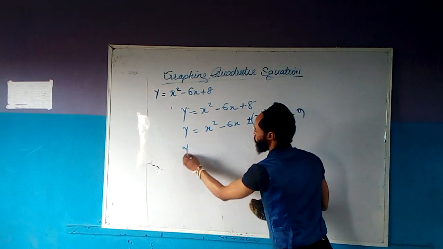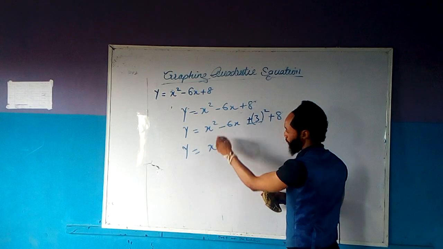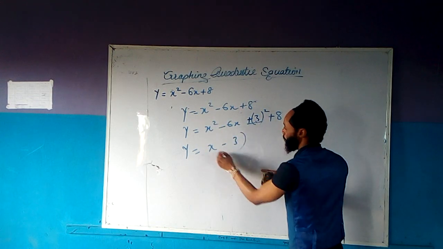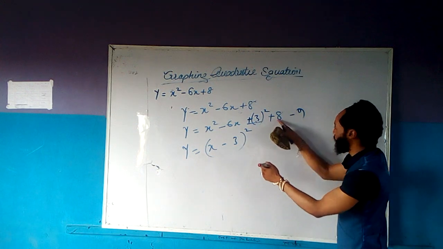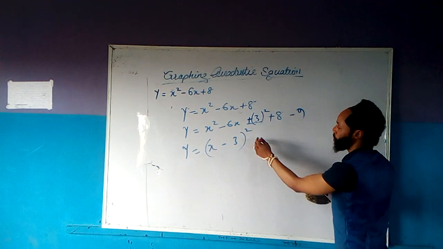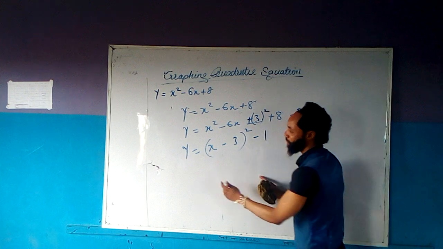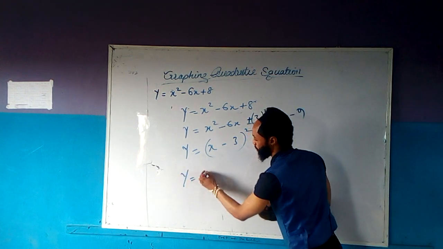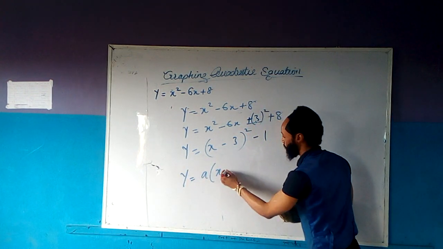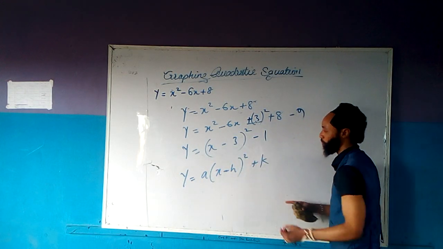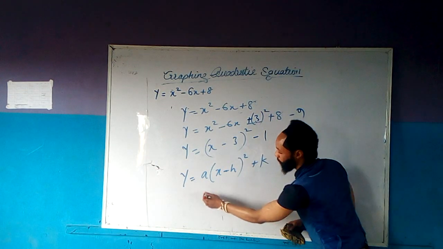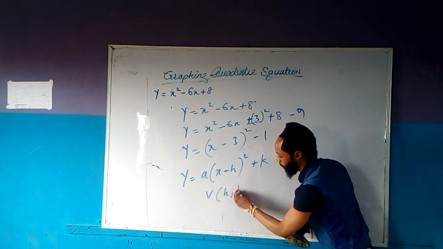So what we have now is x minus 3, all squared, then 8 minus 9, which is negative 1. Hence, the vertex form is a open bracket x minus h all squared plus k, where our vertex is h comma k.